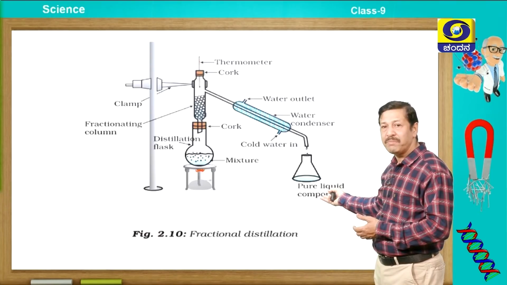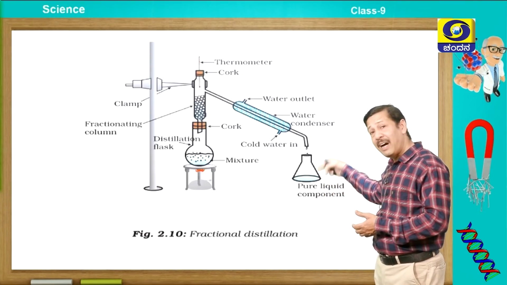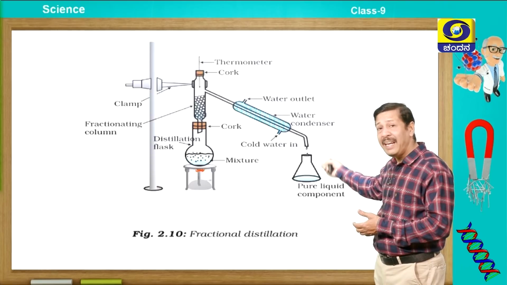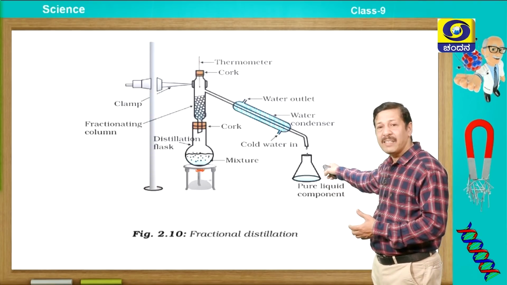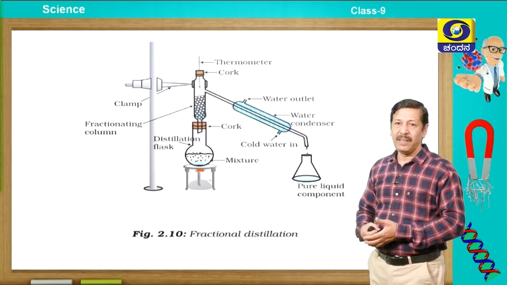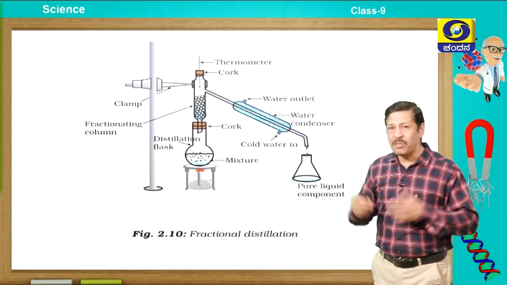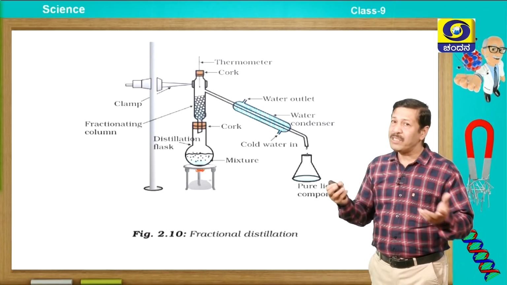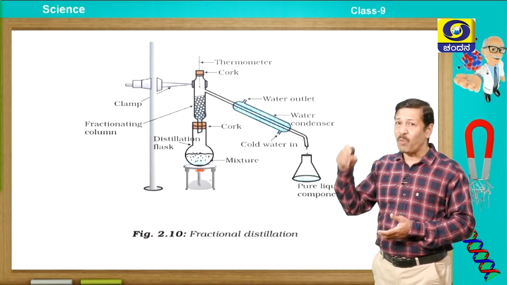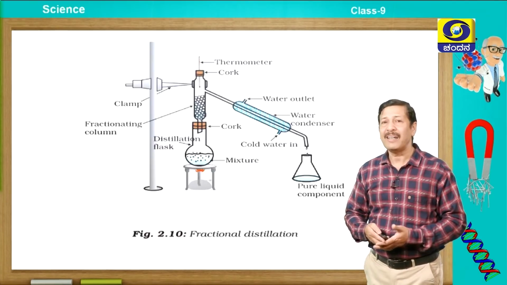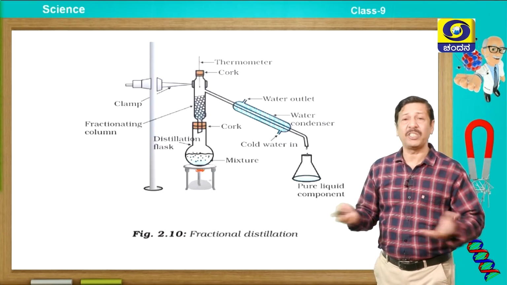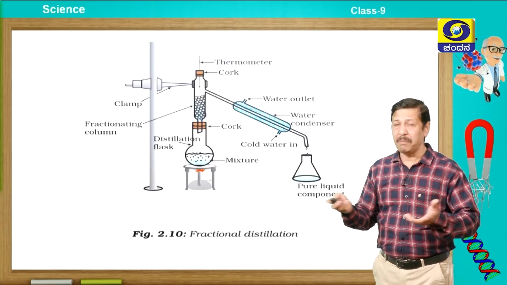The other end of the condenser is in contact with the collecting vessel, and a thermometer is used to check the temperature of the vapors. Thus we are separating many fractions from a mixture.